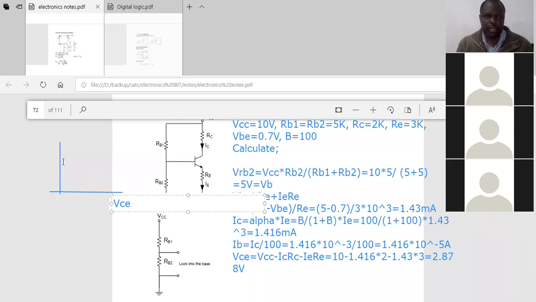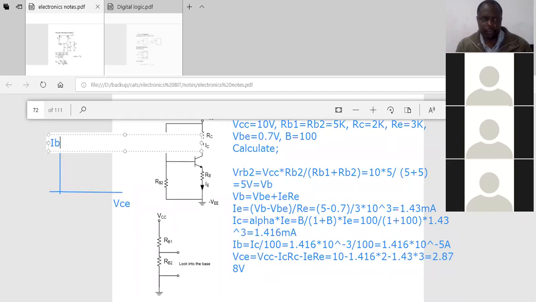But it's close to what? It's close to saturation or cutoff. Breakdown. Go to the breakdown region.